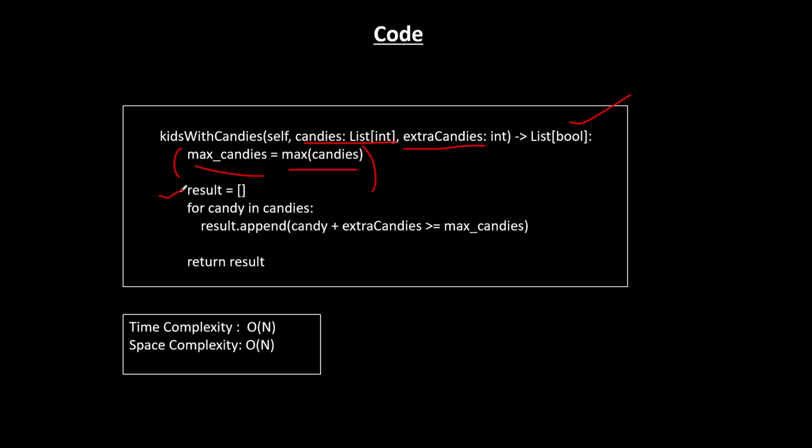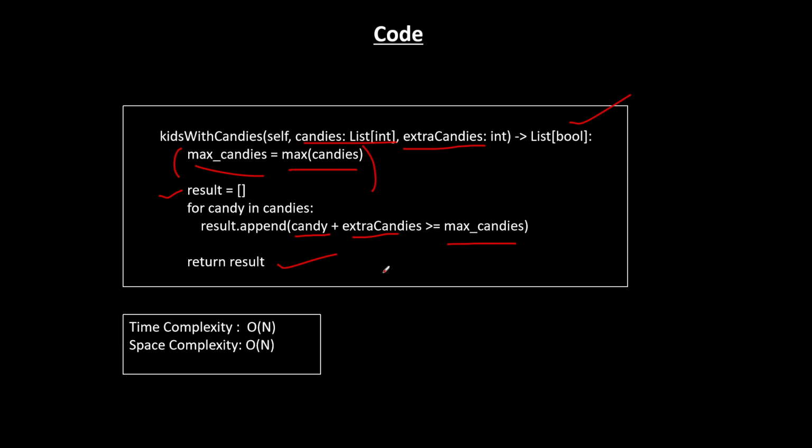We will create an empty result list. Now we loop through the candies list and append the result of the condition: is the value of each kid's candy plus the extra candies greater than or equal to the max candies? And we will return the result.